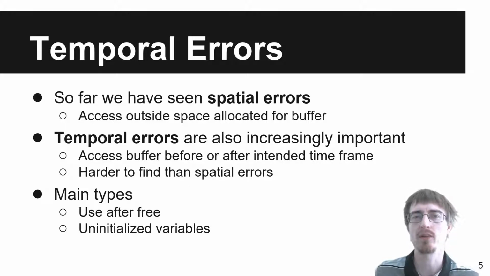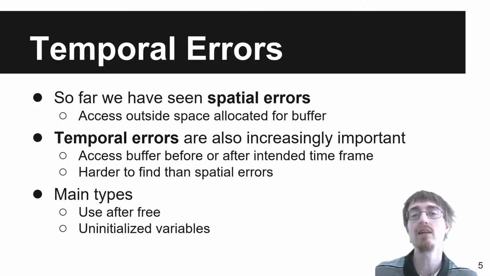With temporal errors, the offset is not in the space dimension, but in the time dimension. So we have a buffer that will be suitable for usage in the future or in the past, but we do access it within the space bounds. We just access it at some point in time where it's not ready or not ready anymore to be accessed.